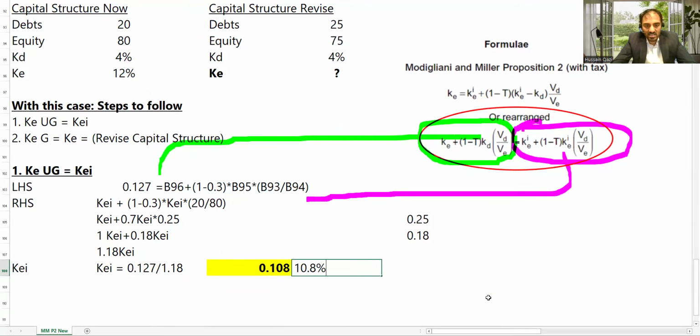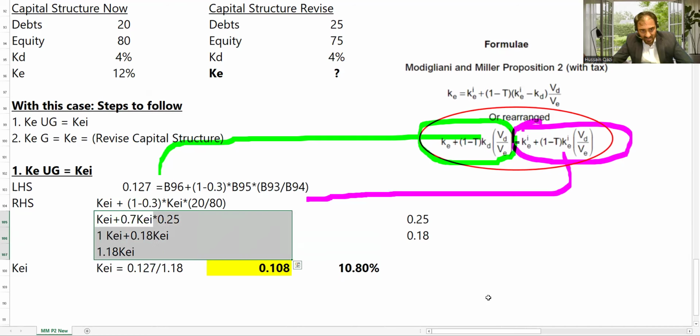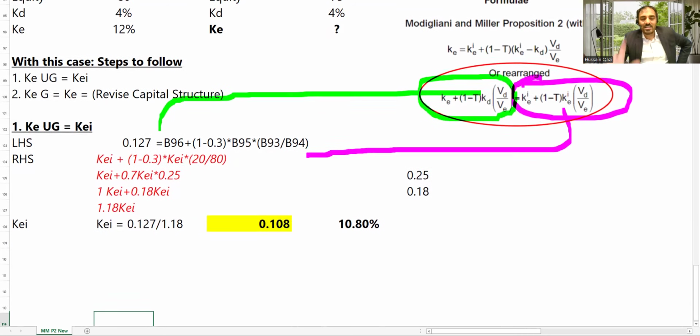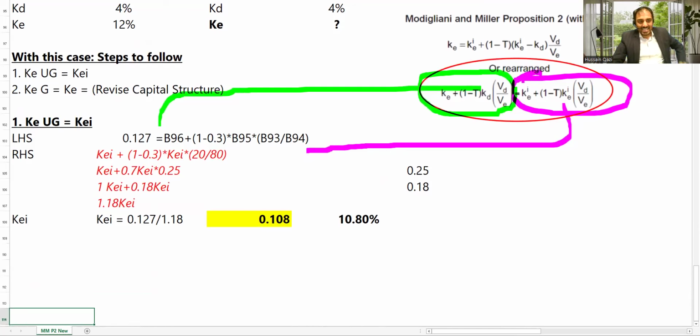Sir, you did it, but it's also too extensive, especially this algebraic method, because you said at the start of the session there was some shortcut. Where is the shortcut? Relax.